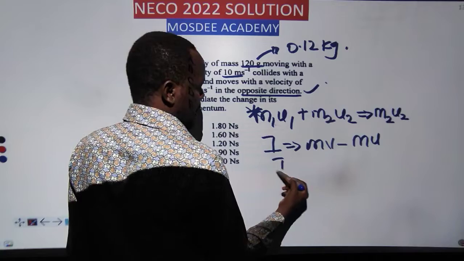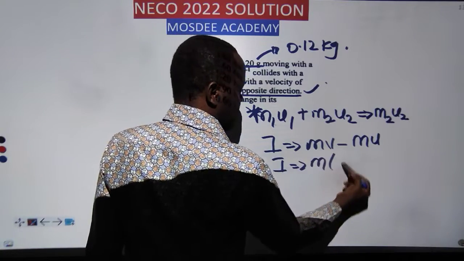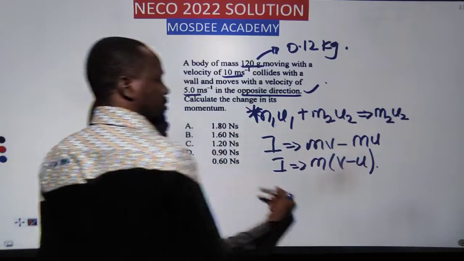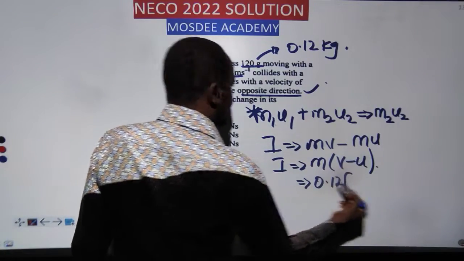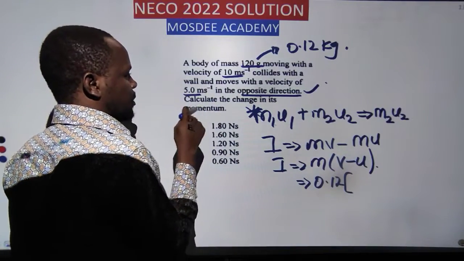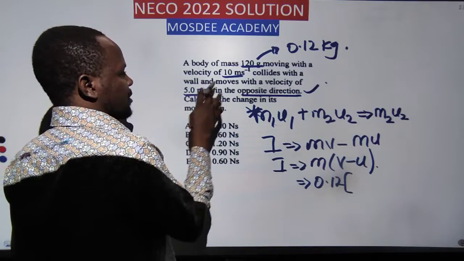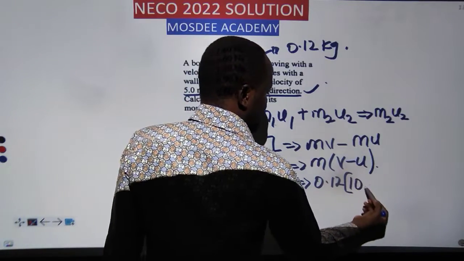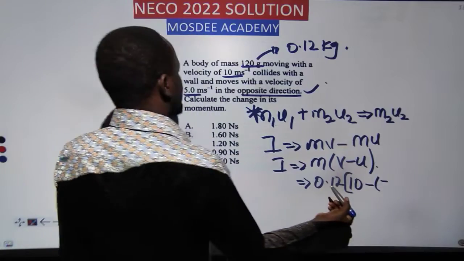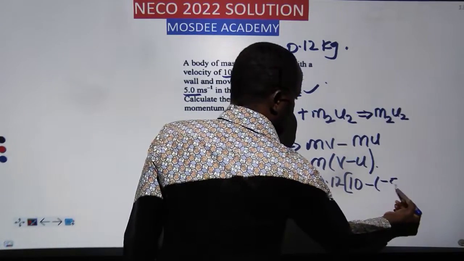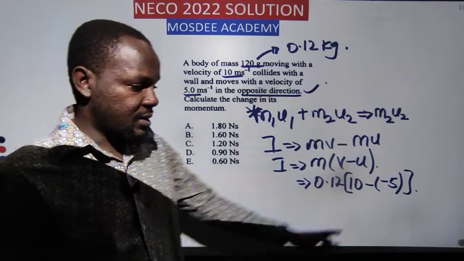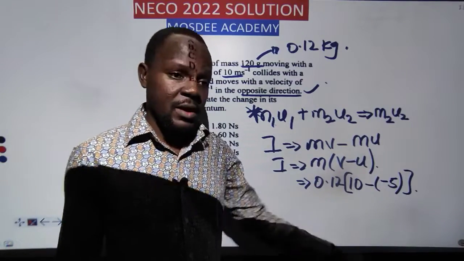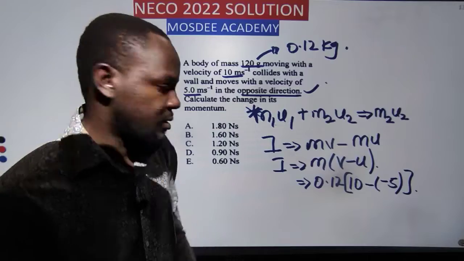So we have m into bracket v minus u. I'm using this guy as my m, 0.12. Initial speed minus final speed. It is in the opposite direction, that is another thing. It would normally have been 10 minus 5, but because the other speed is in the opposite direction, the minus comes back in. Relative motion, I hope you guys understand.